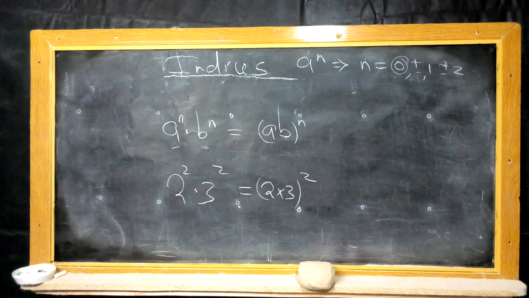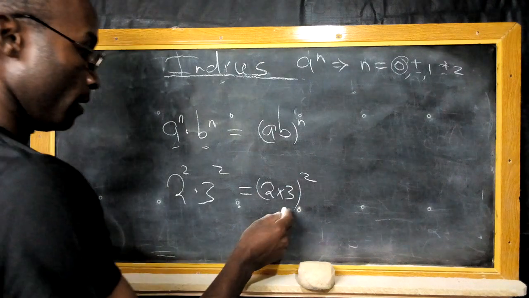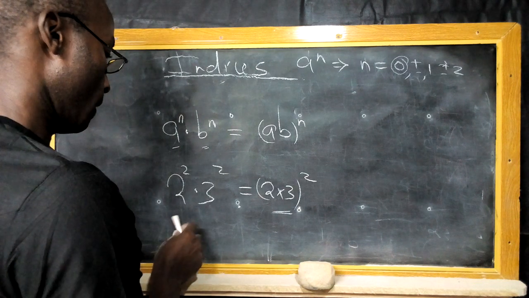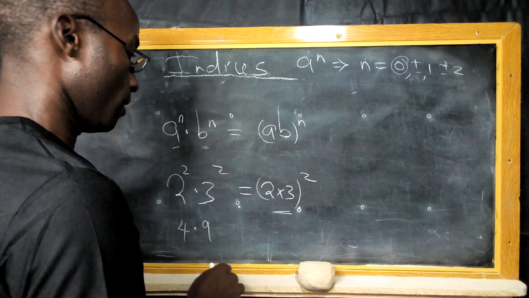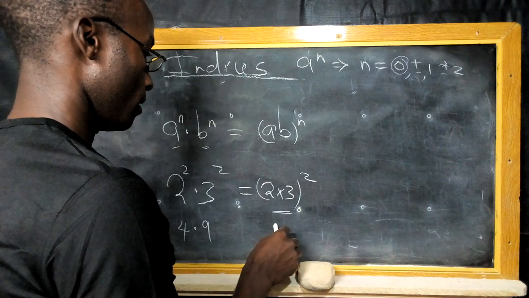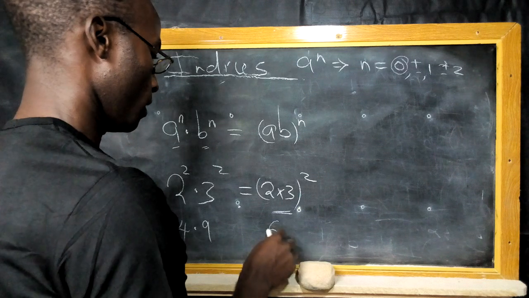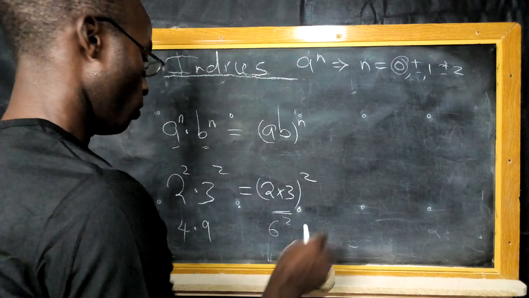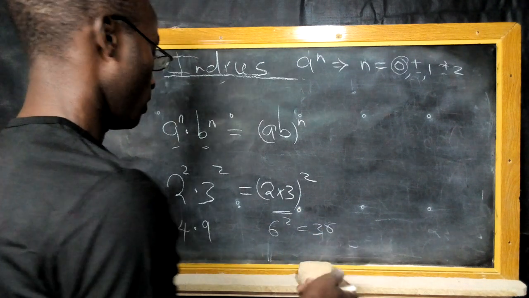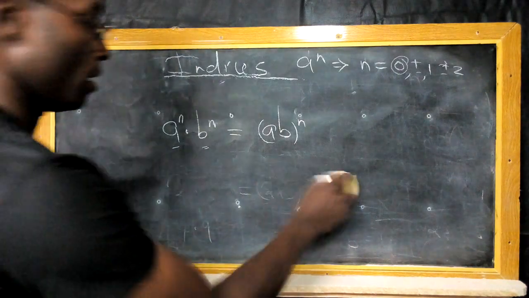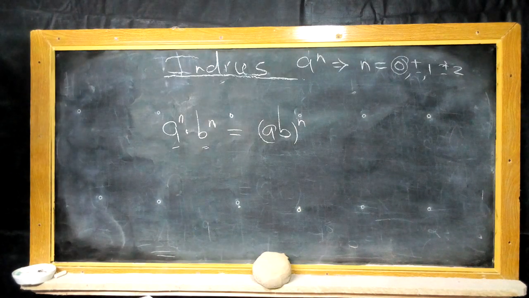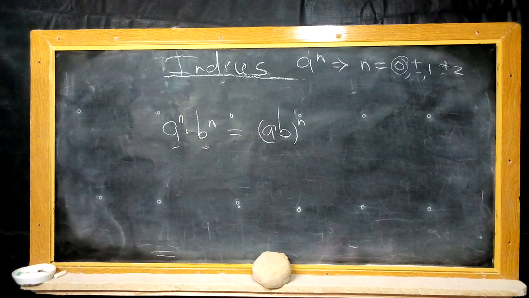Let's check: this is 4 times 9, which is 36, and this is 6 raised to power 2, which is 36. So we can confirm that the expression is correct. That refers to the power of a product.